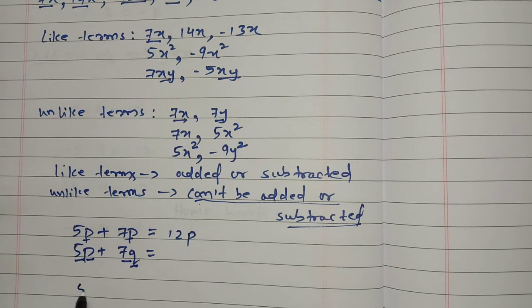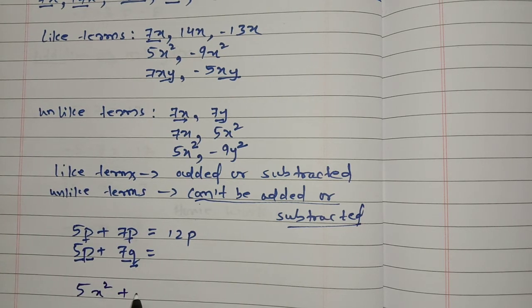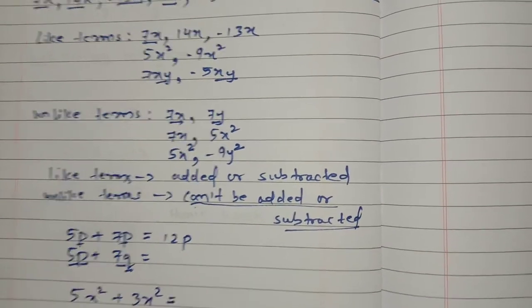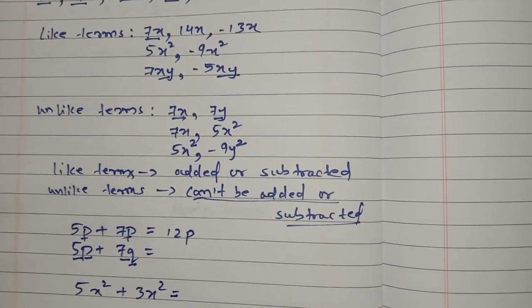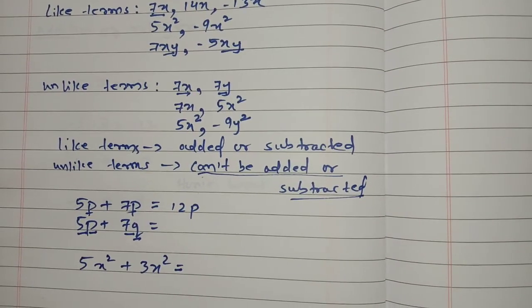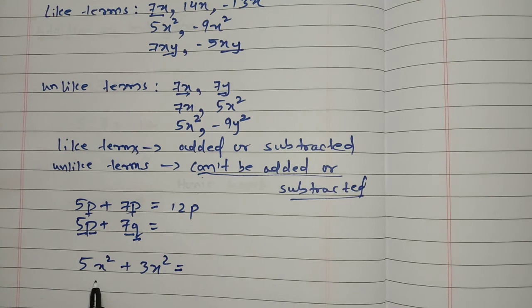Suppose it is 5x square plus 3x square. Can we add this? Yes, we can add it. Both are like terms.